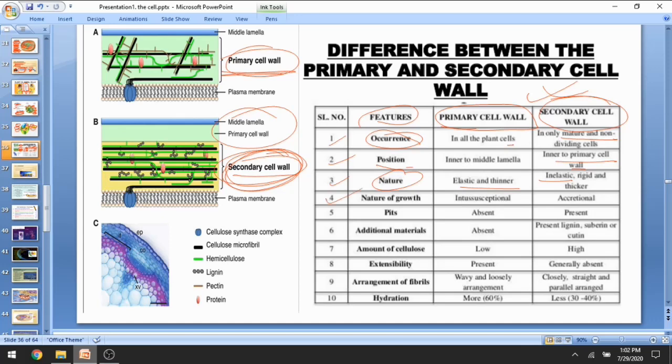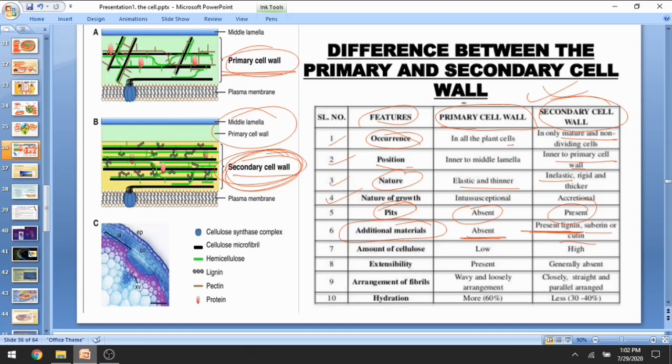If we talk about nature of growth, the primary is intussusceptional and the secondary is accretional. Pits, if I talk about, no pits are present in the primary wall, while the secondary wall does have pits. Additional material, on the basis of that, the primary cell wall has no additional material, but in the secondary cell wall, additional material in the form of lignin, suberin and cutin is present.